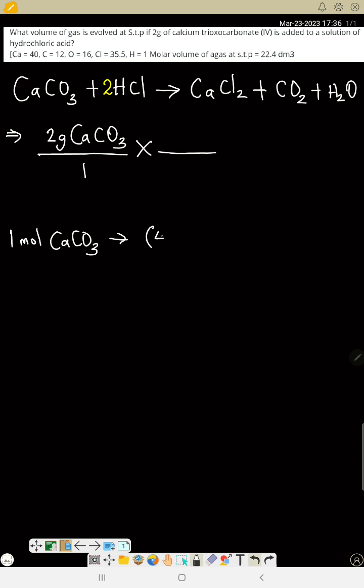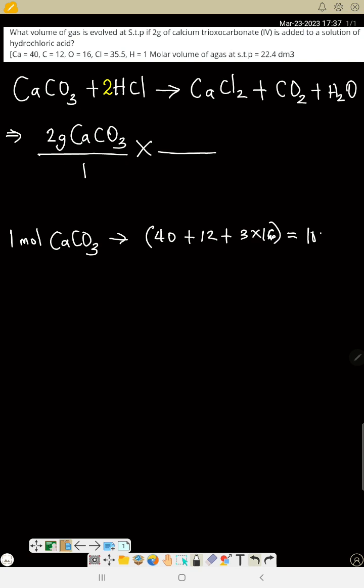Calcium is 40, carbon is 12, oxygen is 16, and we have 3 of it, 3 times 16 is 48. So 40 plus 12 plus 48 is 100.